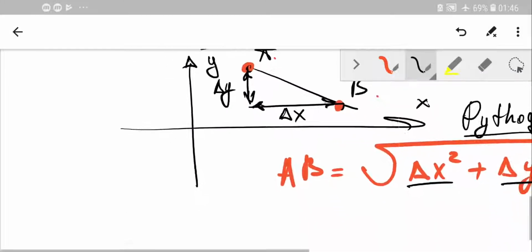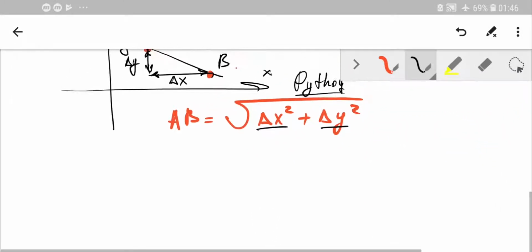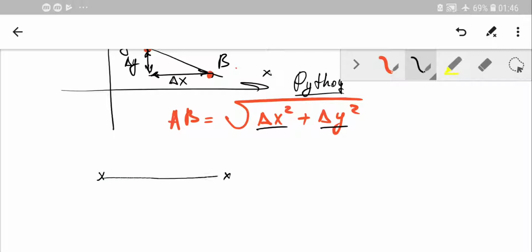A midpoint is the point that is in the center of the segment. Let's say this is segment AB, and we need to find M coordinates as the midpoint.